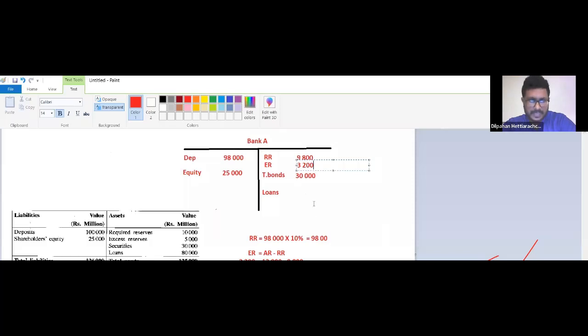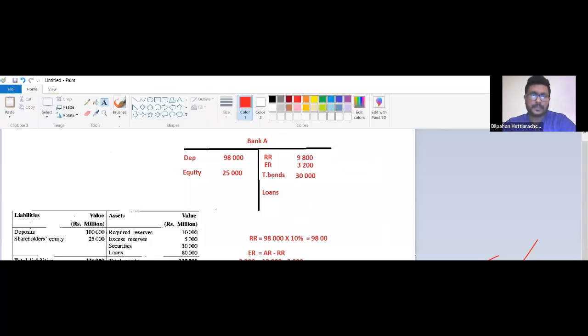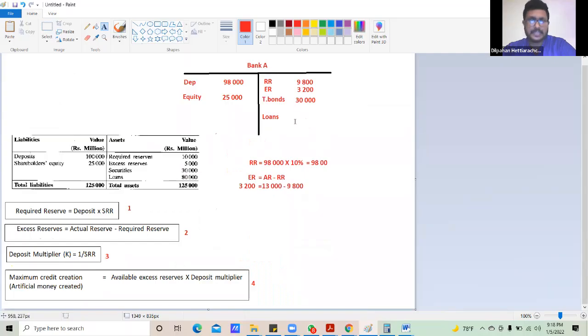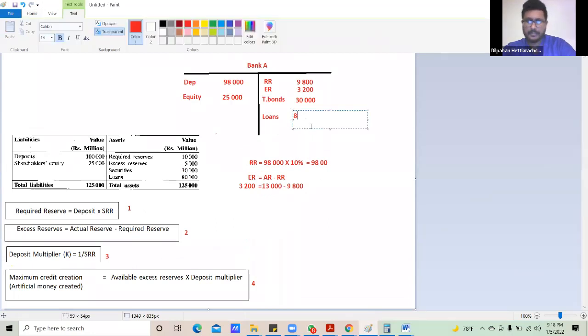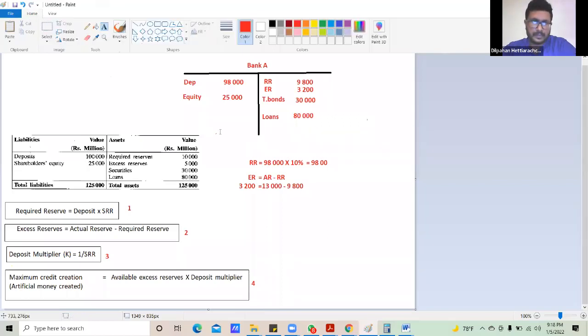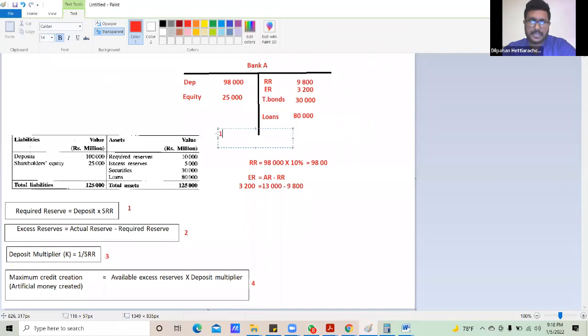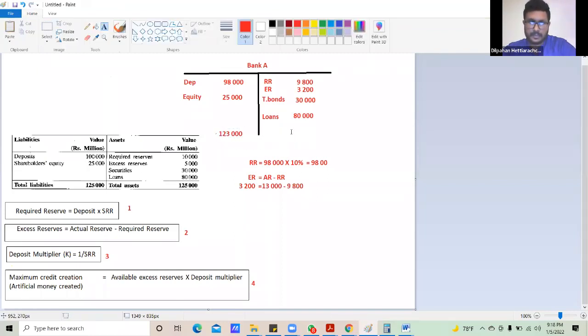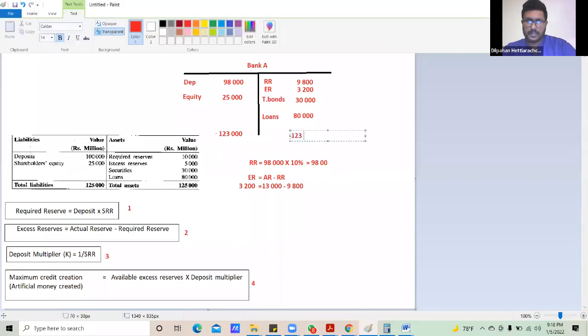So required reserves 9,800, excess reserves 3,200, and treasury bonds 30,000. Then we can do the relevant calculation and try to get the answer for loans. Basically loans will be the same, 80,000, right? And this side it will be 123,000, and the other side also it will be 123,000.